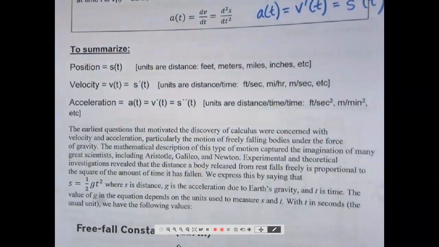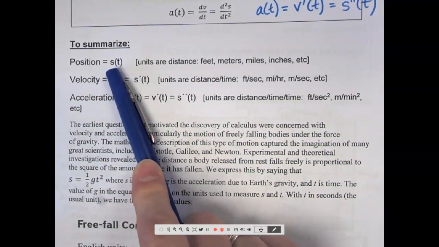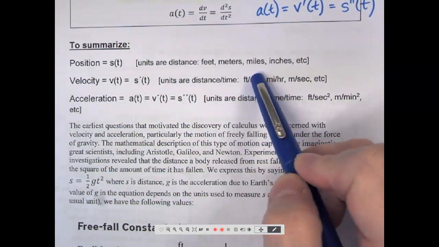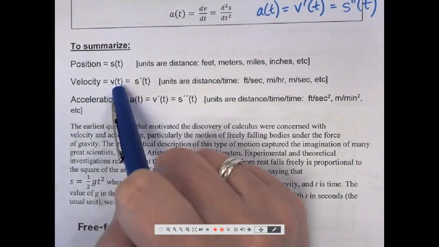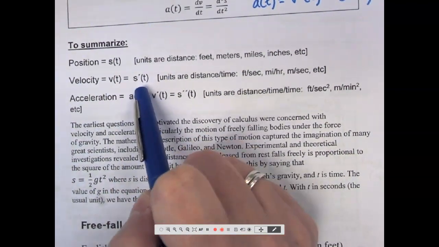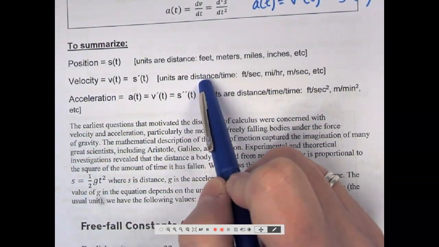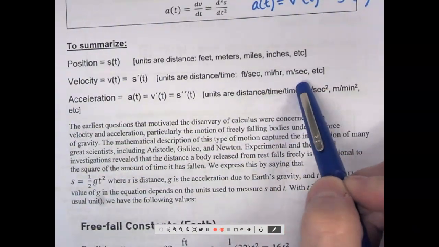Alrighty, so a few things to summarize here. Position. We often use s(t). I don't like that, but we do. Units are things like feet, meters, miles, inches, etc. They're distance units. Velocity, which is the derivative of position, has units of some distance over some time, like feet per second, miles per hour, meters per second.